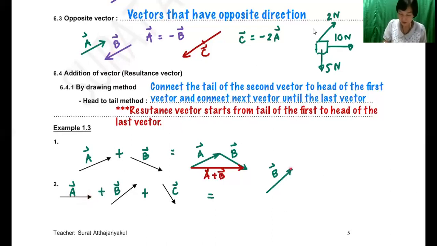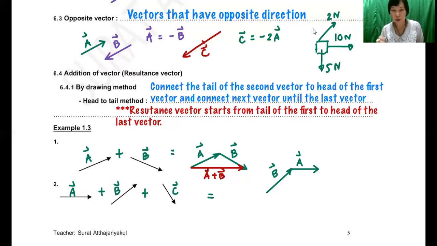So then I will connect A here. Okay, I will draw vector A, a straight line pointing to the right. Okay, this is my vector A. Vector A looks like this one. It is already connected, the tail of A is connected to the head of vector B.